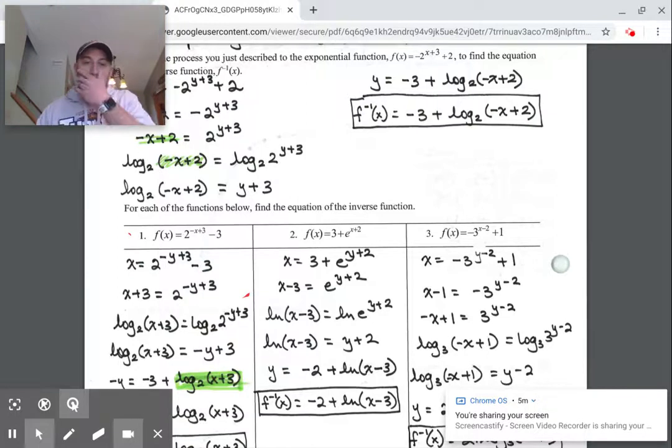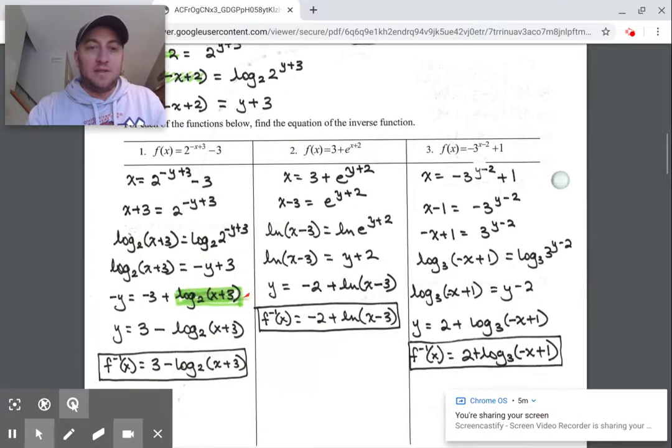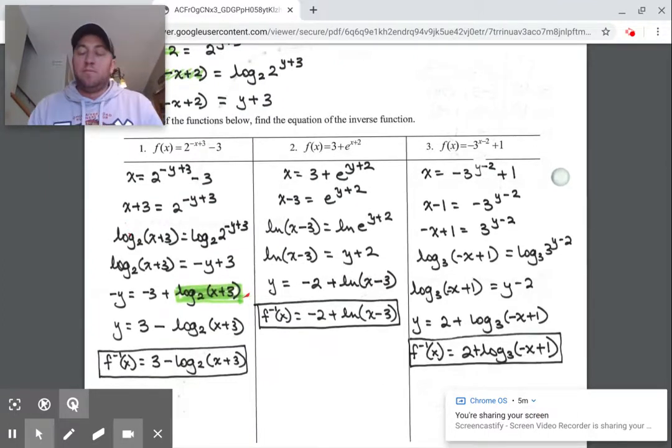So where were we? Looking at these 3 examples. All 3 of these examples are basically the same thing. You just have to remember the first step: switch x and y, solve for y, which means that we have to isolate the exponential expression by itself, and then we're going to take the logarithm of both sides.